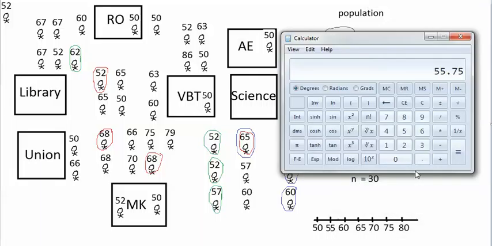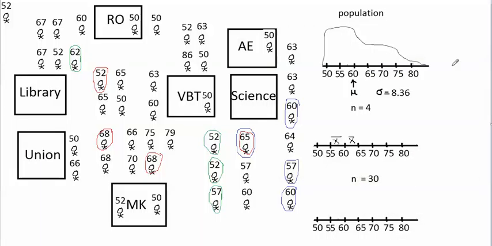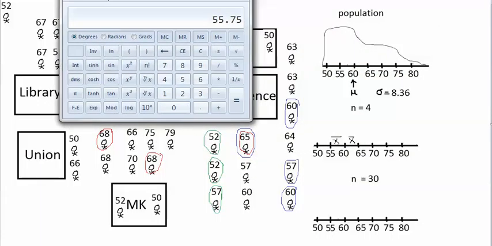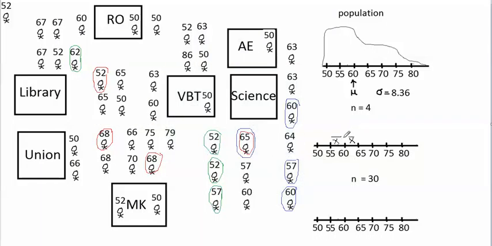So let's see what it comes out to. It's 60.5. So that sample mean is the most accurate sample mean we've had so far because it's very close to the population mean of 60.